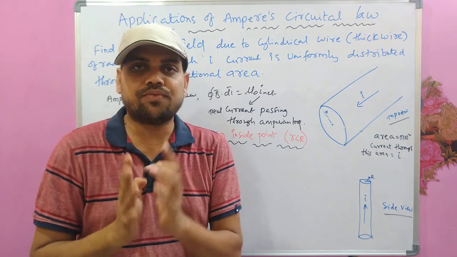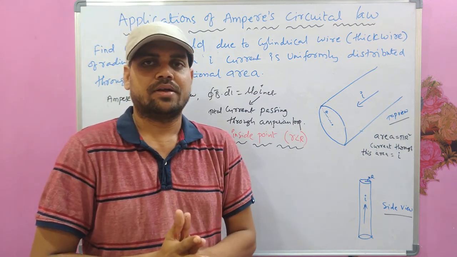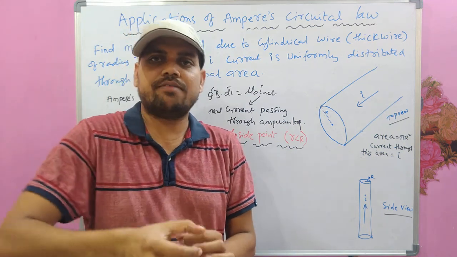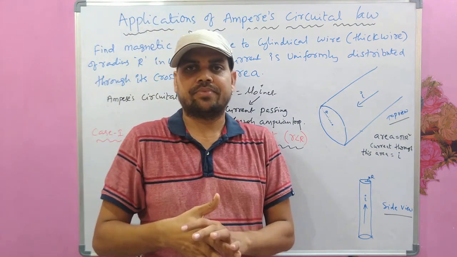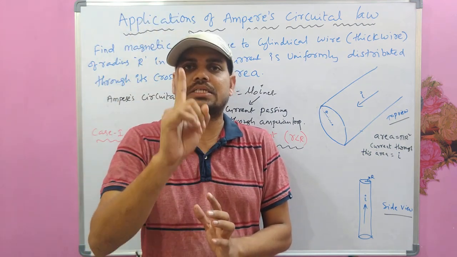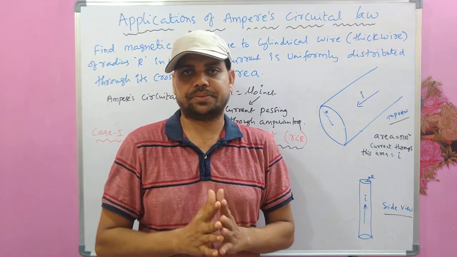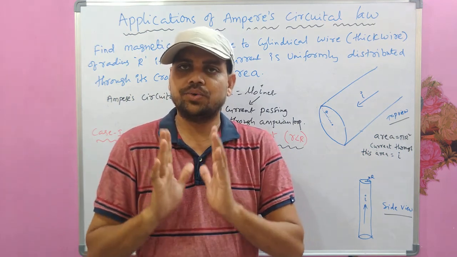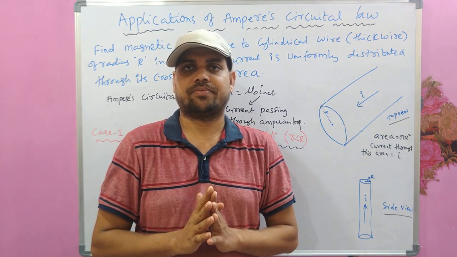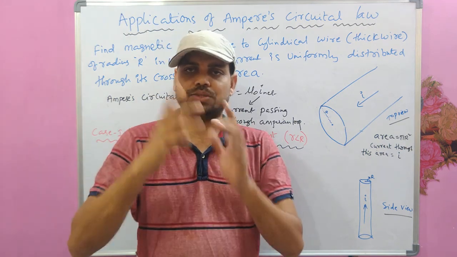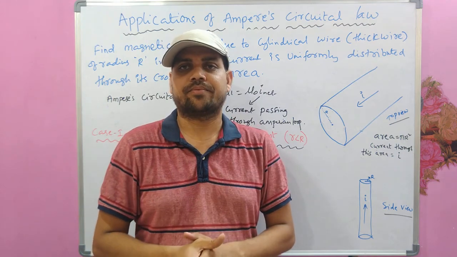What does uniformly distributed mean? Everywhere throughout its area the current is the same, both in direction and magnitude. Then we say it is uniformly distributed, and it is distributed throughout its area.